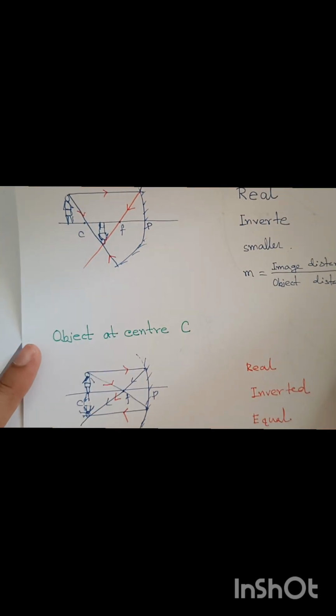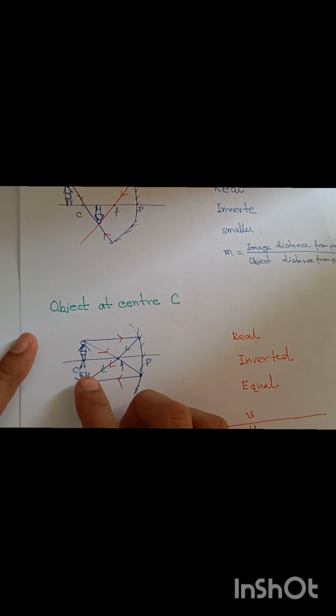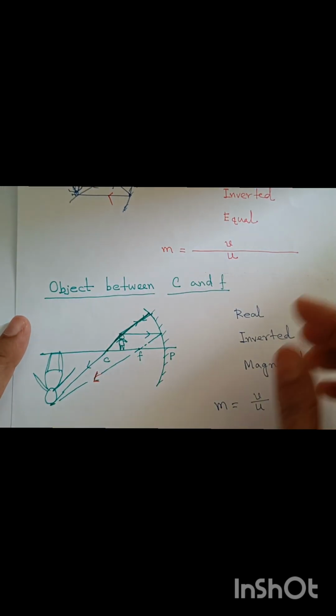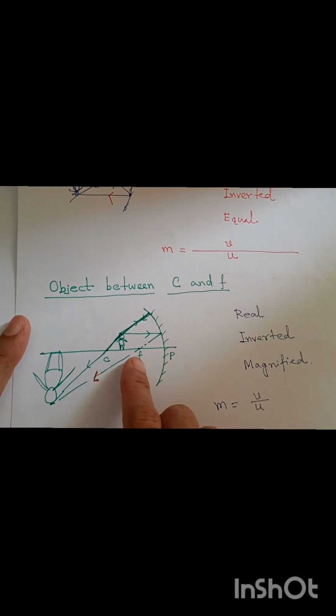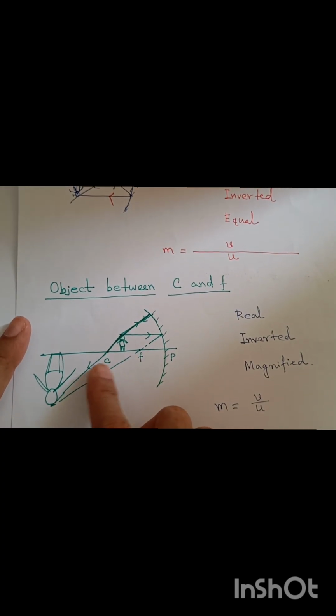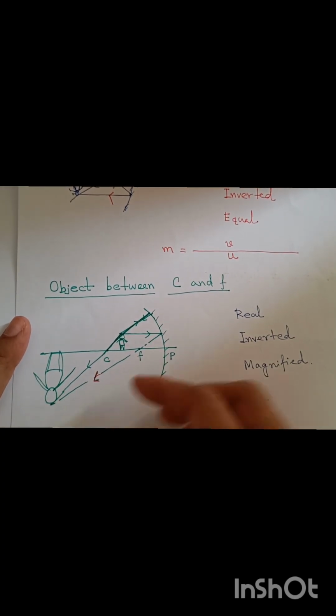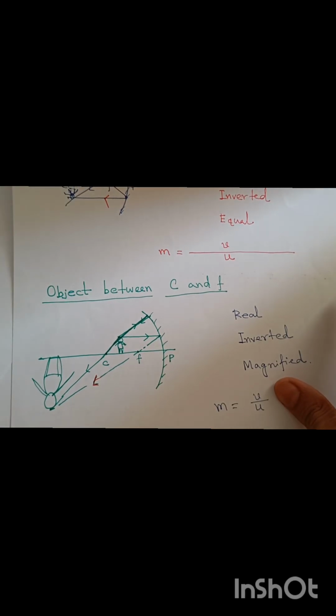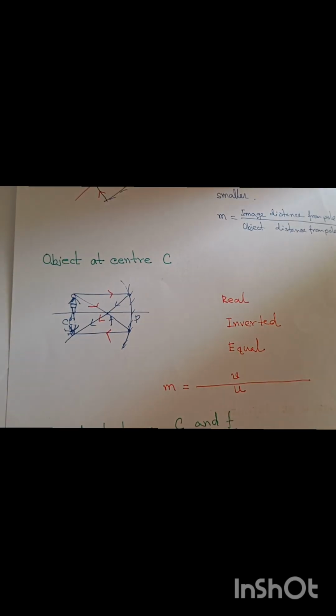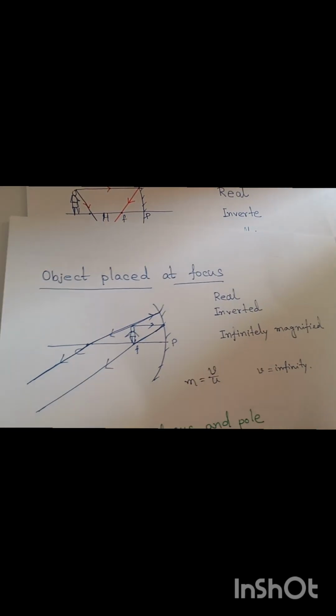After that, object at C and image at C. Then the object is between C and F and the image is beyond C. Object is at F, the image is at infinity. This is exactly opposite to this.